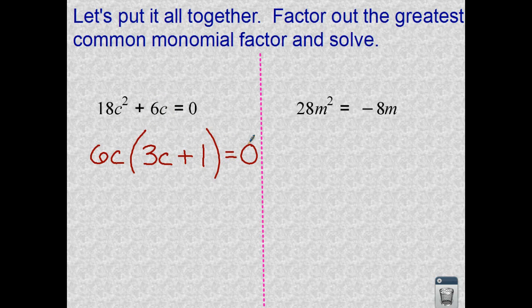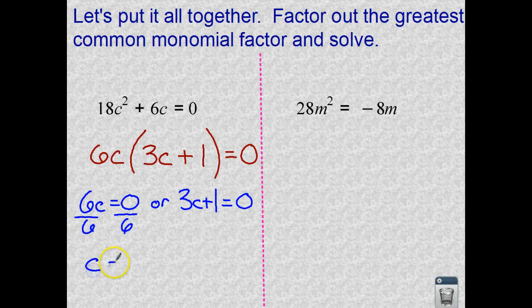Now I have a monomial multiplied by a binomial, so I'm going to solve for my zeros by setting each of those equal to 0. So we have 6c equaling 0, or 3c plus 1 equaling 0. Divide both sides by 6.